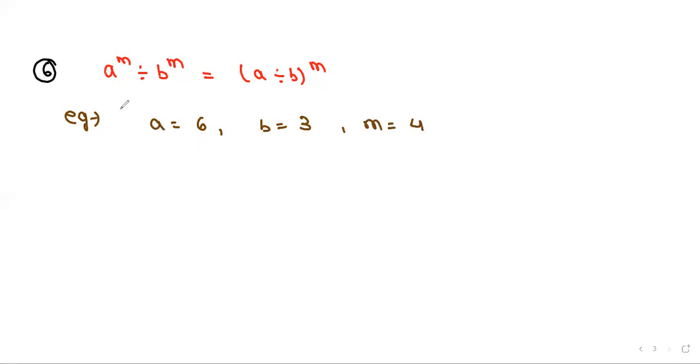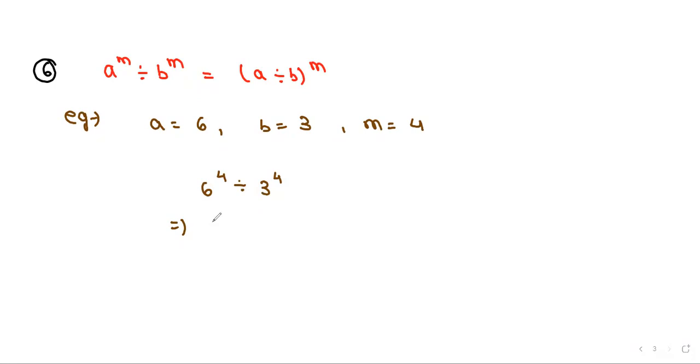If we use this property, on the left hand side we have a raised to m divided by b raised to m. Clearly this will become 6 raised to 4 divided by 3 raised to 4. Let us simplify this normally. Using the property, you don't have to first calculate 6 raised to 4 and then 3 raised to 4; you don't have to do these long calculations.